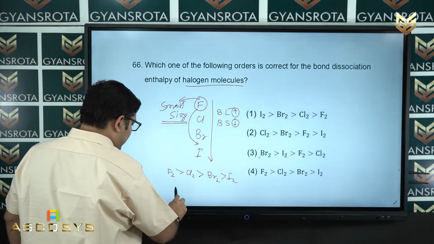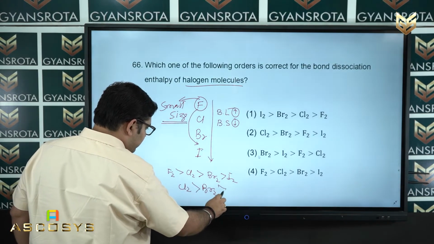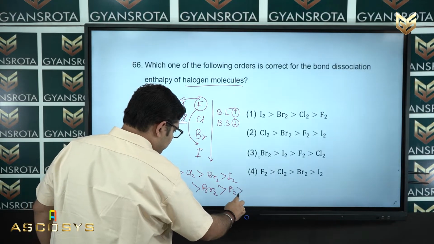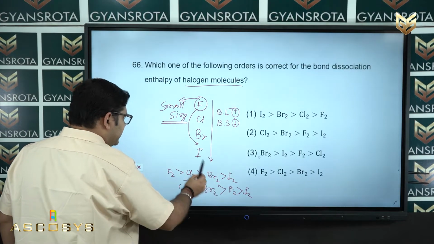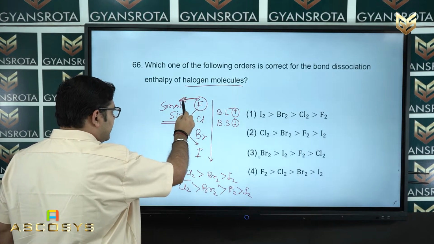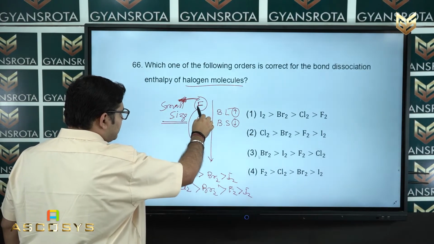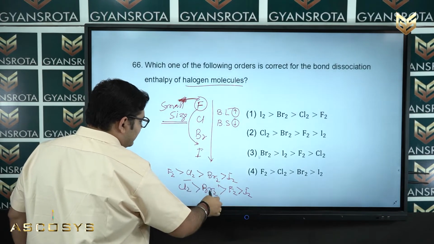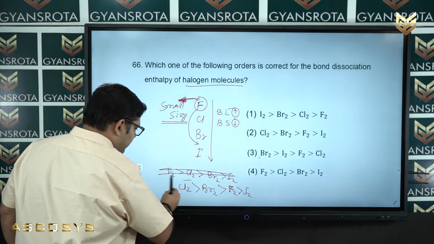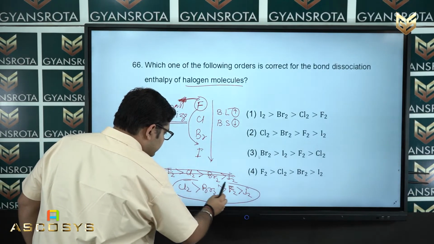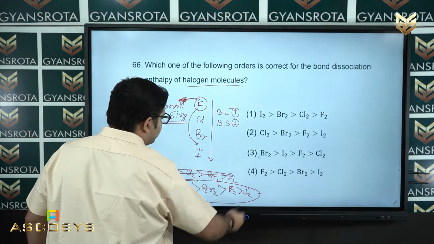We are obtaining Cl2, Br2, then F2, then I2. Fluorine shows exceptional behavior due to its small size and repulsion. As a result the bond strength between F-F decreases, and this is the correct bond strength order, or you can say bond dissociation enthalpy order of your halogen compounds.